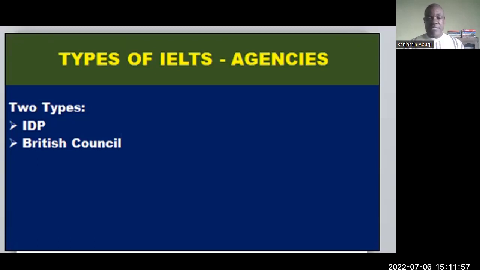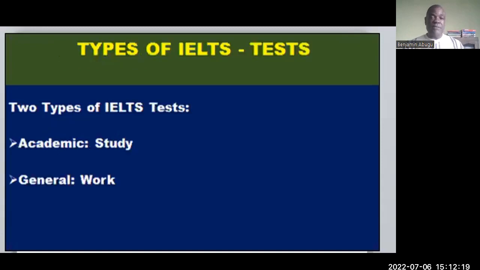So if both agencies are conducting an exam in certain parts of the world on a particular day, the entire exam has the same content. So whether you register with IDP or you register with the British Council, you are going to answer similar questions. That's really what it means.